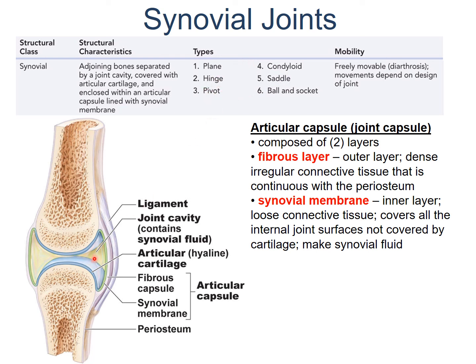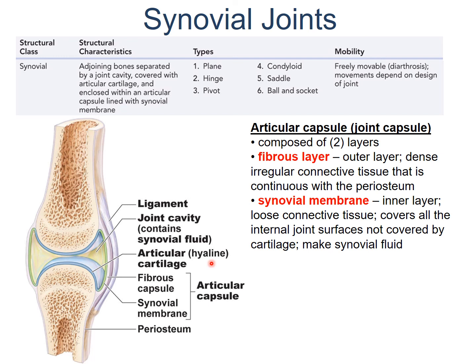Okay? So in addition to the joint cavity, where you've got the synovial fluid, you've also got in blue the articular cartilage, and the articular cartilage is actually lying on the bone. So the articular cartilage is making contact with the bone. The articular cartilage is composed of hyaline cartilage. The articular cartilage, what type of tissue is it made up of? Hyaline cartilage.